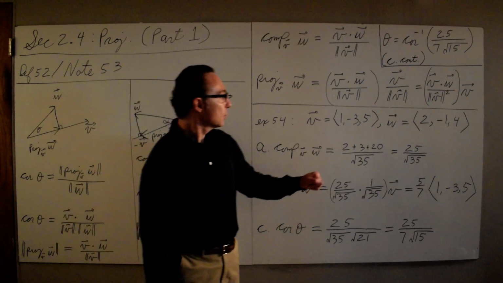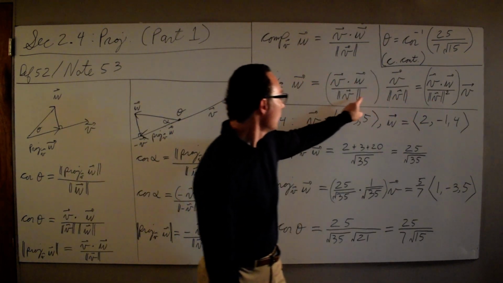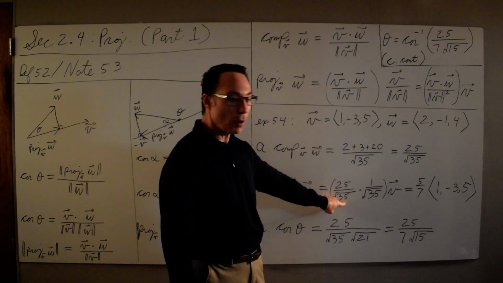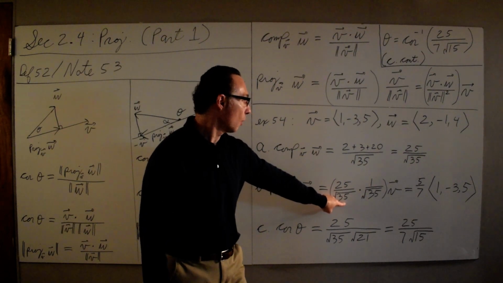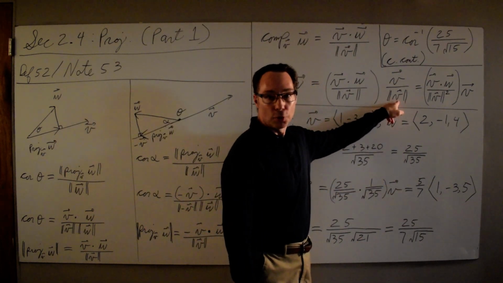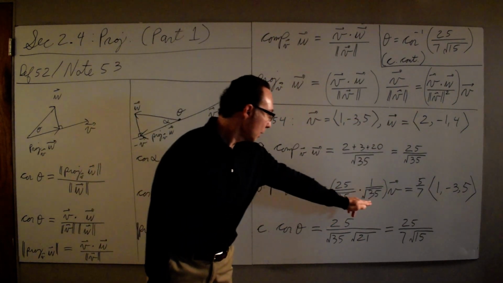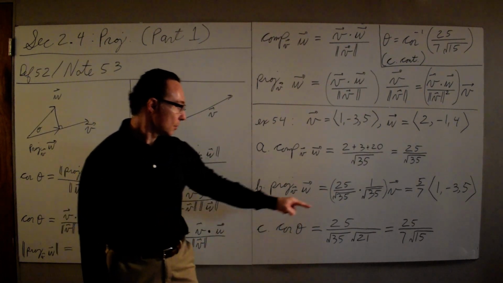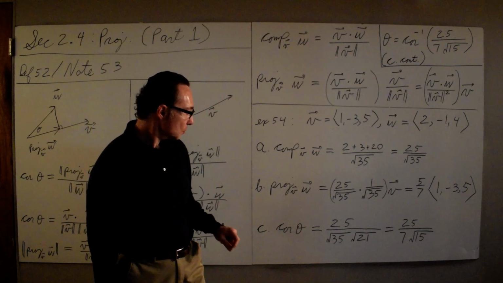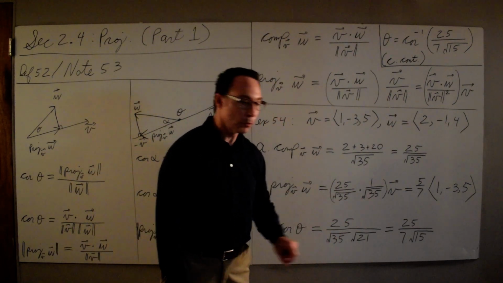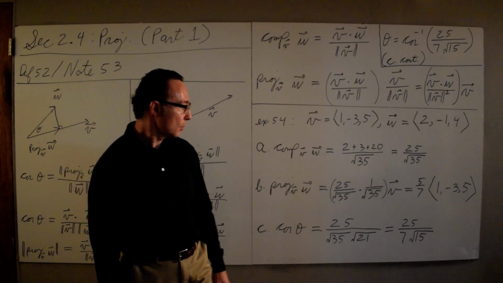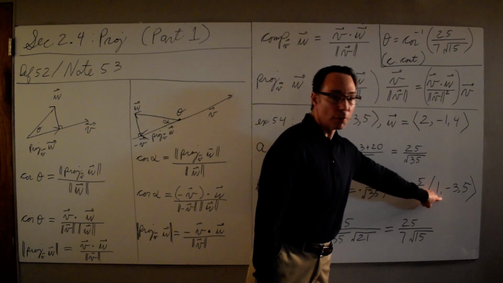For that, let's go back to one of these two formulas. We've already calculated this. So we have our 25 divided by square root of 35. We have another magnitude of v in our formula, which we've already calculated. This is our scalar for v. Square root of 35 times square root of 35 is 35. This fraction simplifies, so we have 5/7 as our scalar, and this is our vector v.